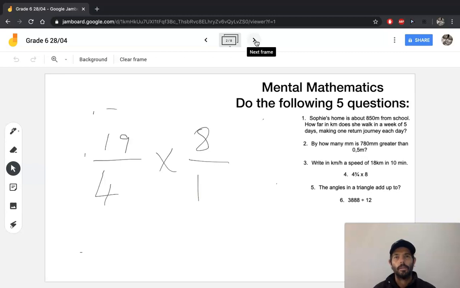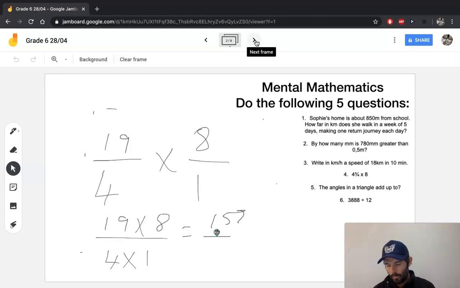So 8 is the same as 8 over 1. Now I can say 19 times 8 over 4 times 1. 8 times 10 is 80, plus 9 times 8 is 72. So it's 152 over 4.